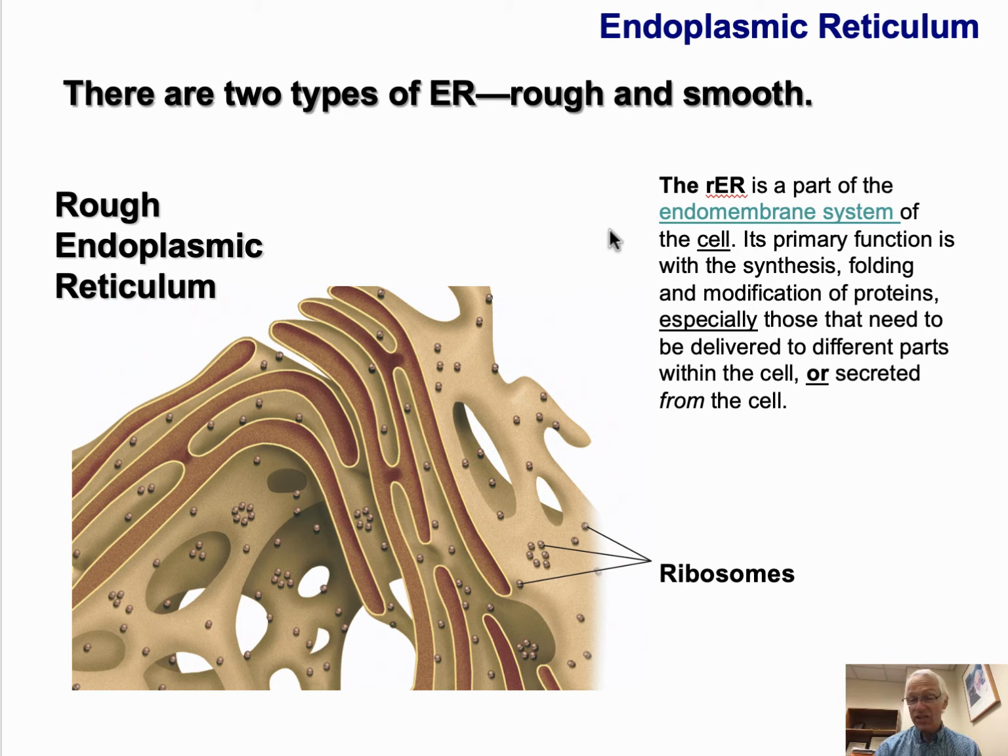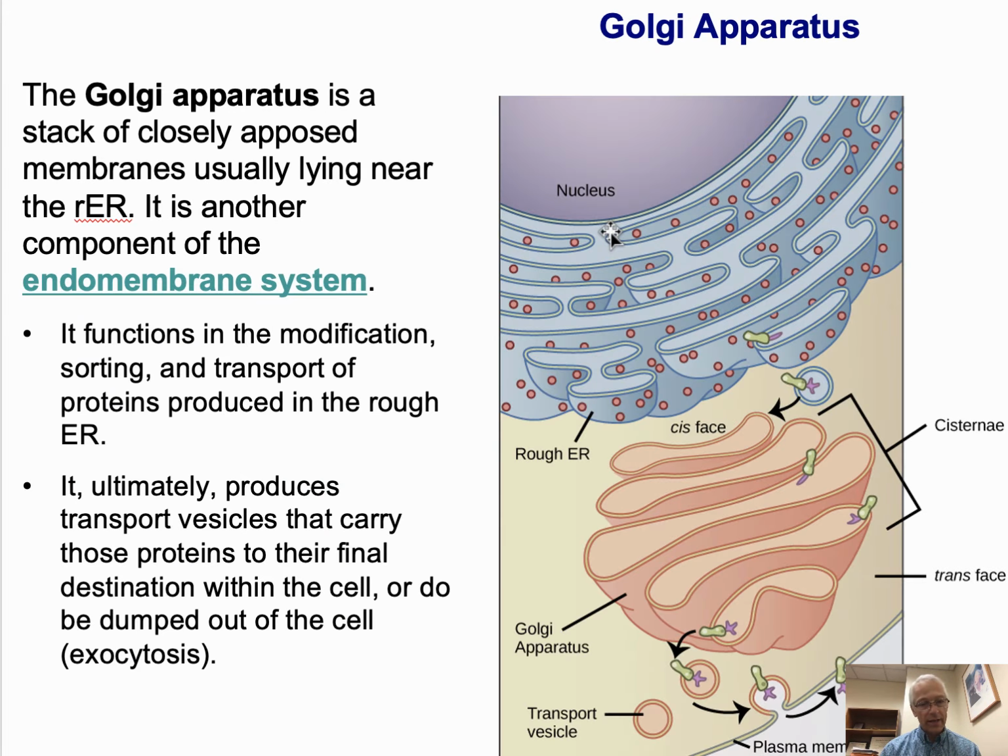And there's a connection between the nuclear envelope, the endoplasmic reticulum, both the rough endoplasmic reticulum and the smooth, and the Golgi and the vesicles that are all in a cell. So collectively, all of those are called the endomembrane system, and we'll see some more about that in a minute.